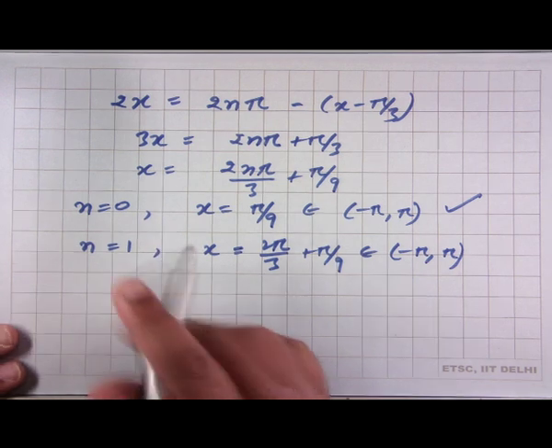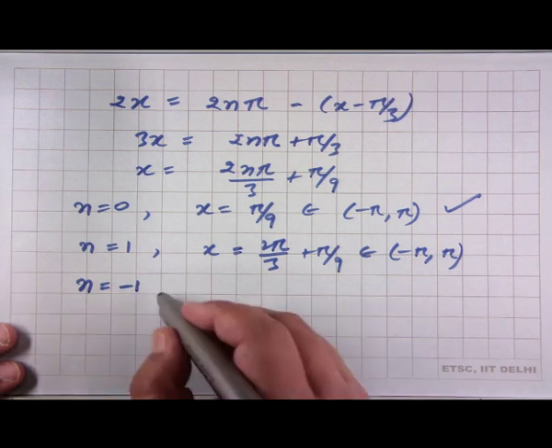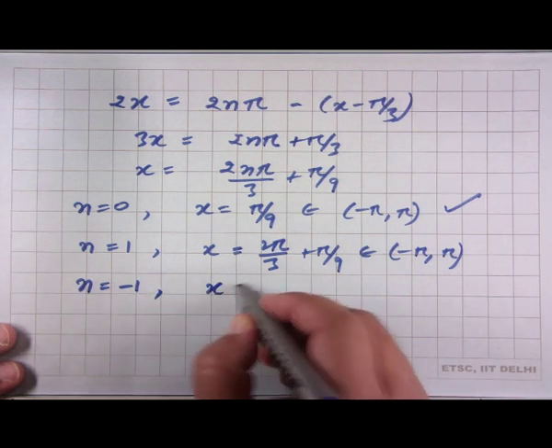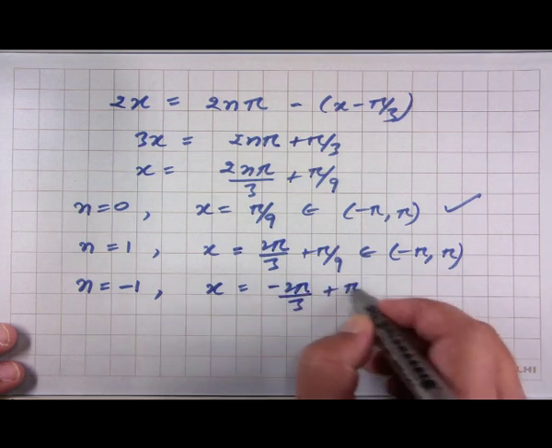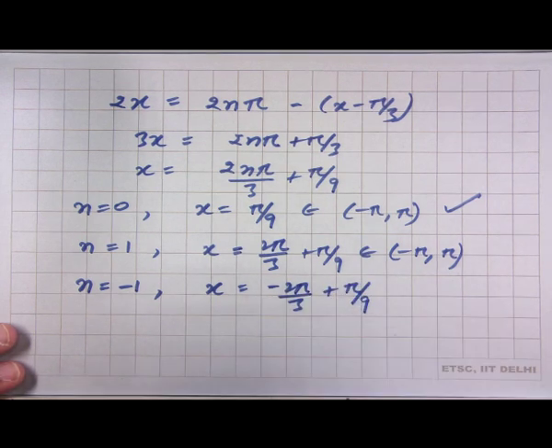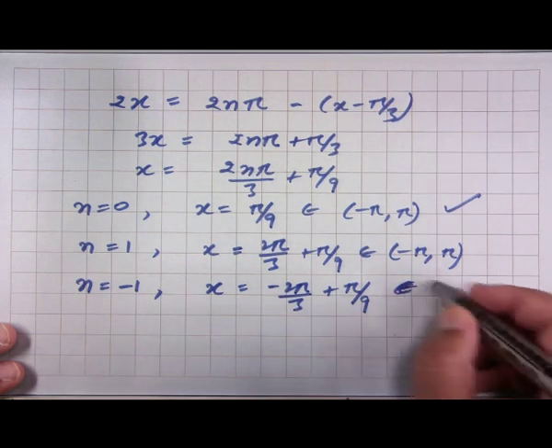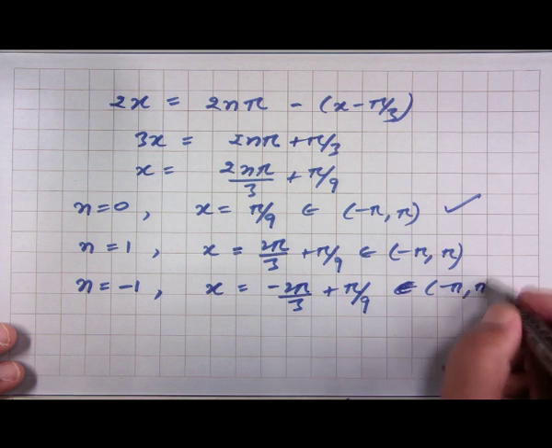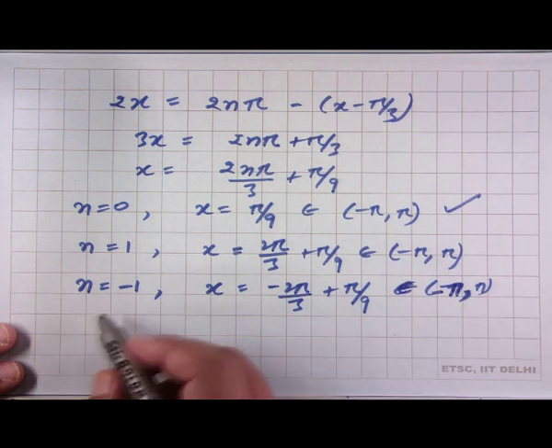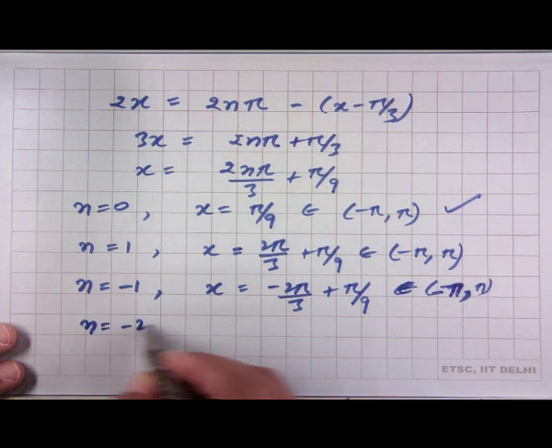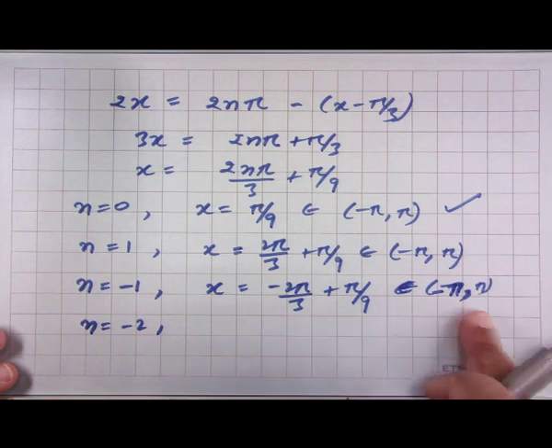On the negative side, if we take n equal to minus 1, then we get x equal to minus 2 pi over 3 plus pi by 9, and this value of course belongs to the interval minus pi to plus pi. But if we take n equal to minus 2, then that value will not belong to the interval minus pi to plus pi.